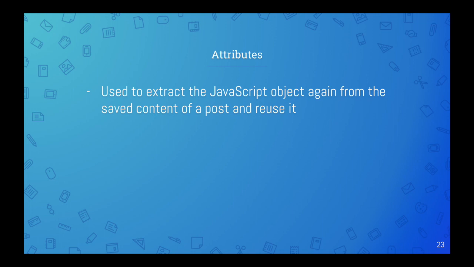The other job of attributes is that we define an attribute in the registerBlockType method, and then we pass those attributes to the edit and save methods using props, and that information is available there. So they provide a mechanism to map from the saved markup to a JavaScript representation of the block.